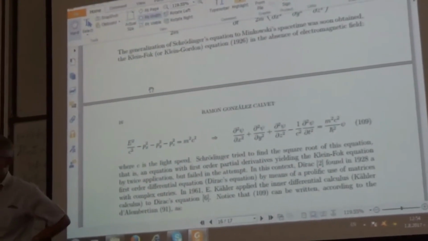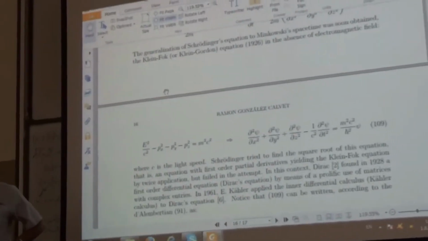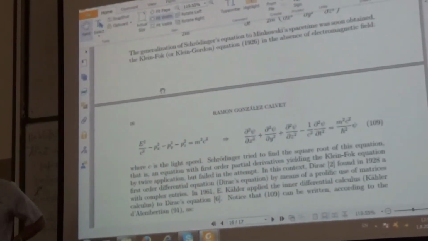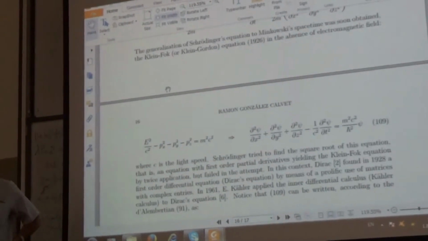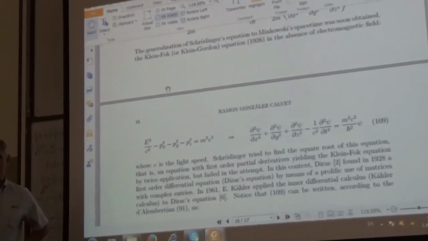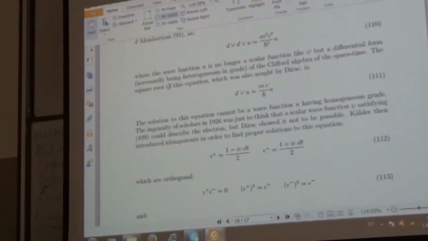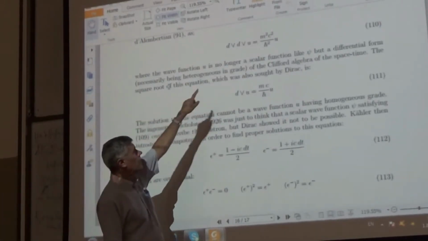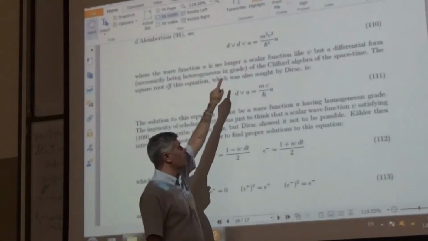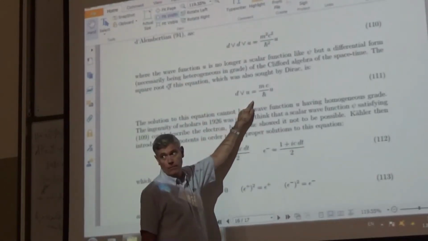And this was his error. He then lost the prestige of finding the solution. And who found this was Dirac, with many complex matrices. This is simple. This is only written in scalar calculus. The root of the equation must be of this kind.